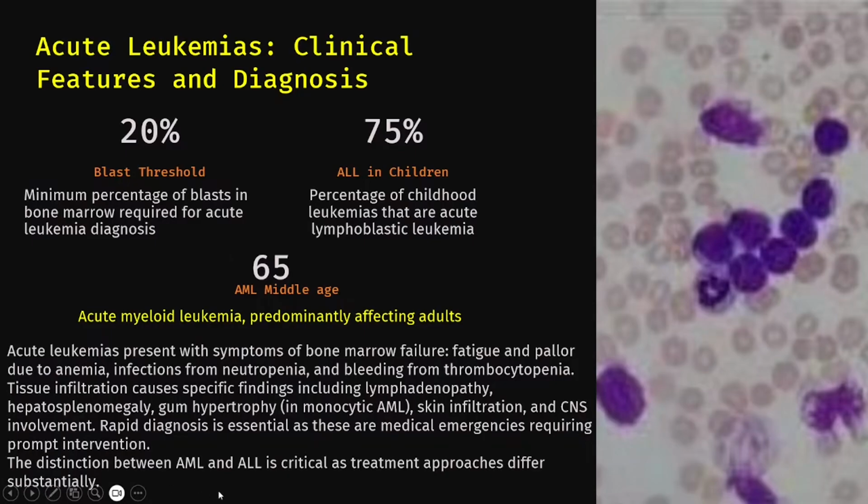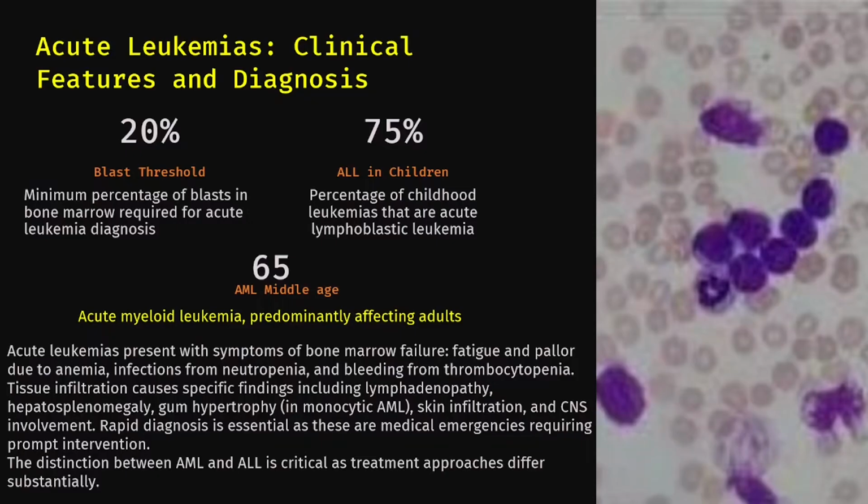Acute leukemias present with symptoms of bone marrow failure: fatigue and pallor due to anemia, infections from neutropenia and bleeding from thrombocytopenia. Tissue infiltration causes specific findings including lymphadenopathy, hepatosplenomegaly, gum hypertrophy in monocytic AML, skin infiltration and CNS involvement.